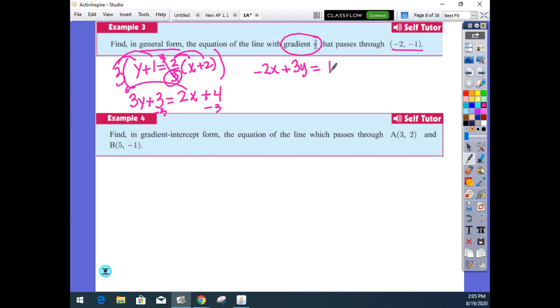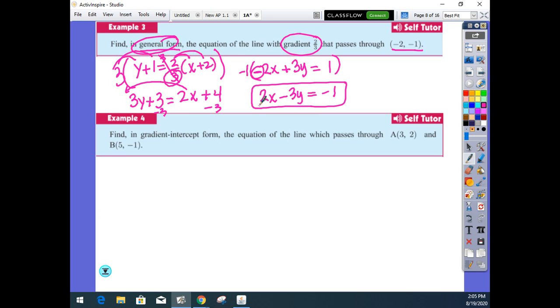And I need to make this positive, so I'm going to multiply every single thing by -1, changing every sign, so my leading coefficient is positive. So this is general form, ax plus by equals c, with no fractions and my leading coefficient positive.